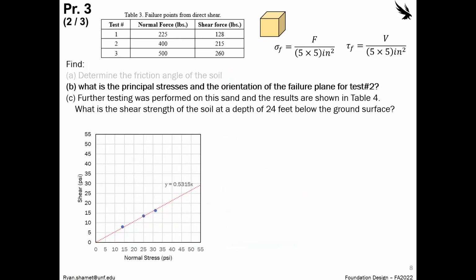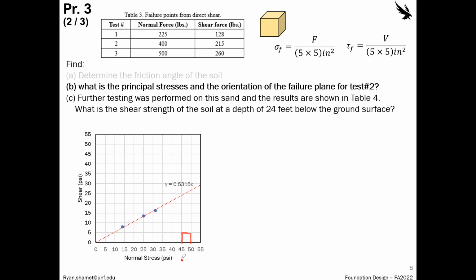The principal stresses and the orientation of the failure plane for test 2. To do this correctly and efficiently, what you would need to do is plot this using some type of scaling technique, or just ensure that your plot in Excel is actually square. And when I say square, I mean that the X and the Y dimensions are scaled together. So a perfect square should fit right here.